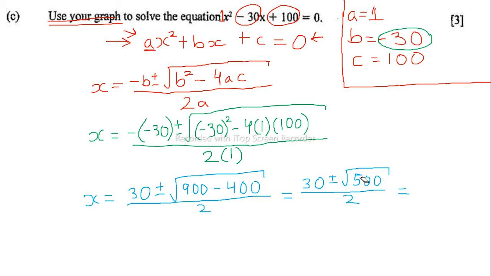I get a decimal, 22.36. And my other option is 10 times the square root of 5. My calculator gave me 2 options. Yeah, they're the same thing. Okay, let's leave it as the square root of 500 then.